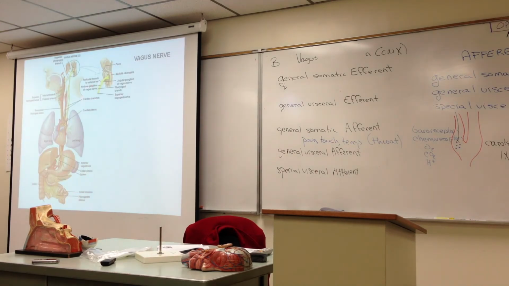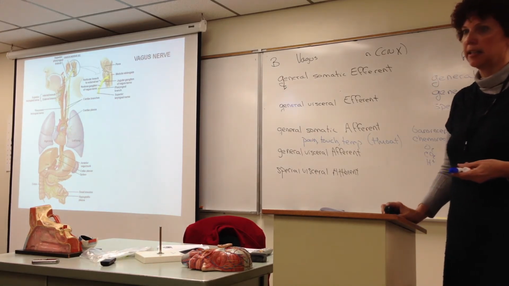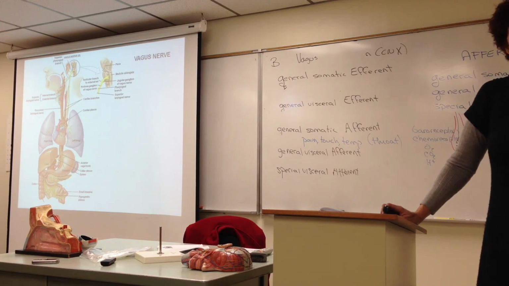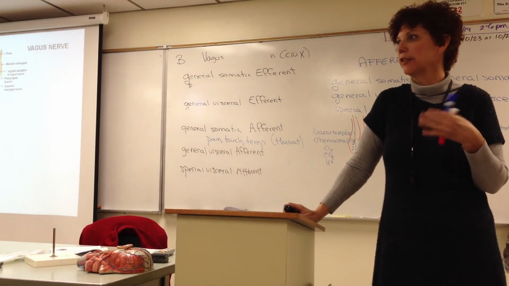And vagus is best known for being the major parasympathetic nerve to the viscera. When I first talked about the autonomic nervous system at the beginning of this unit, I said parasympathetic was rest and digest, and sympathetic was fight or flight.